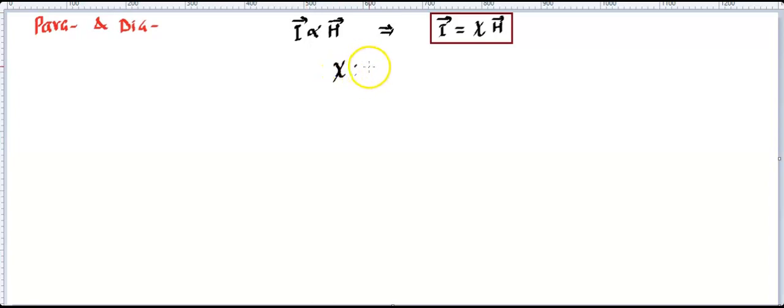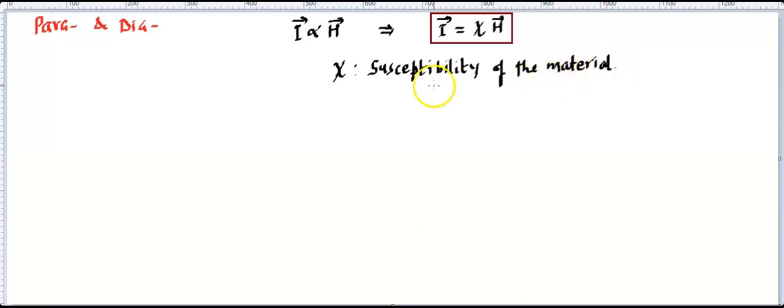So if the susceptibility is known to us, we can place it here and we can find the value of I if H is given to us.